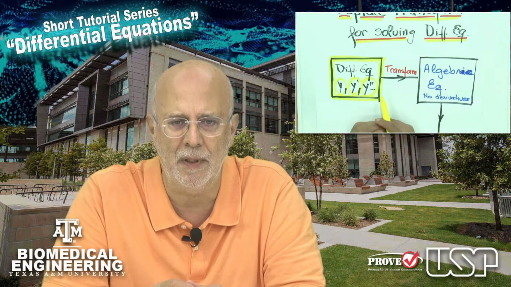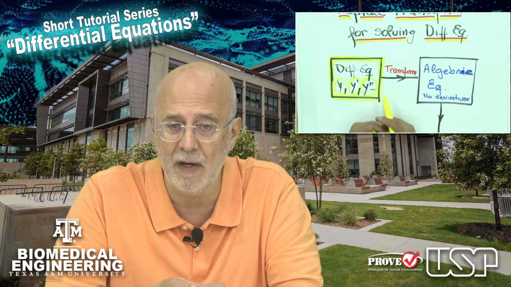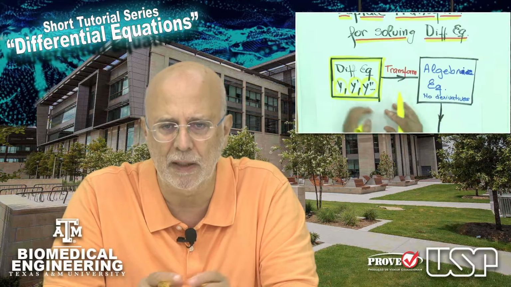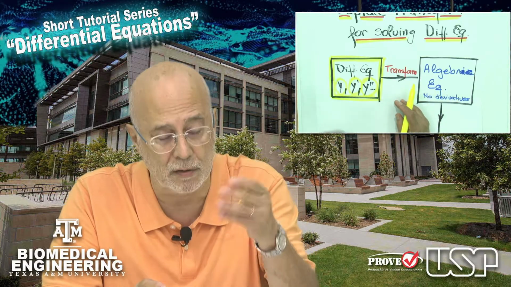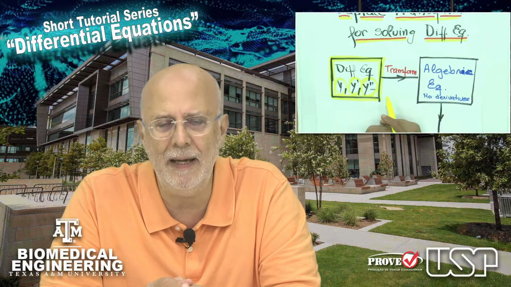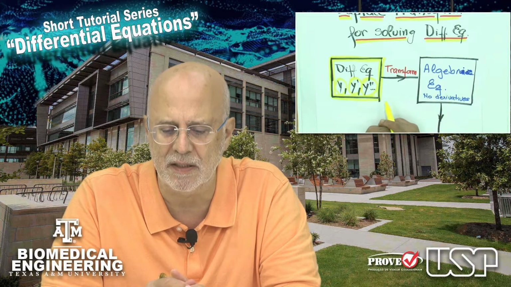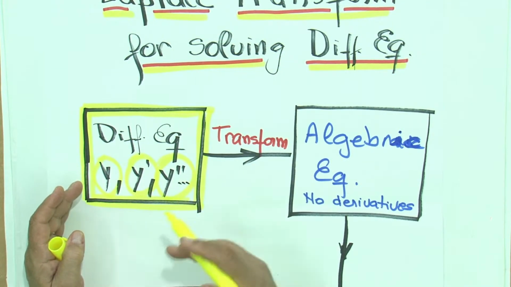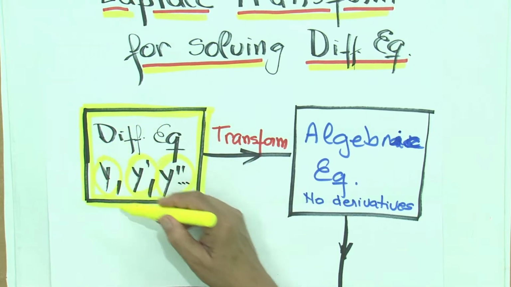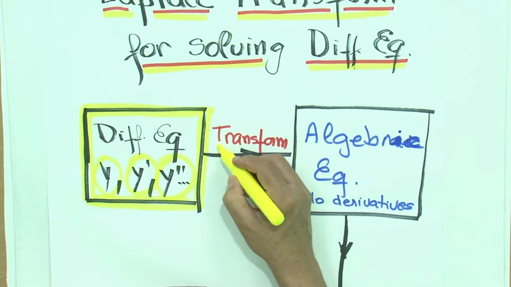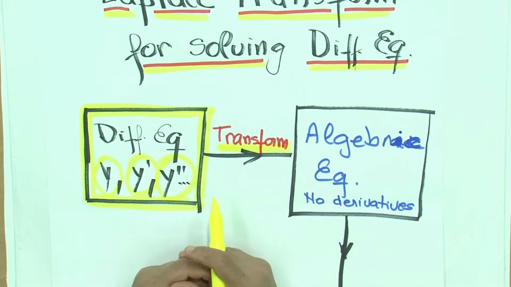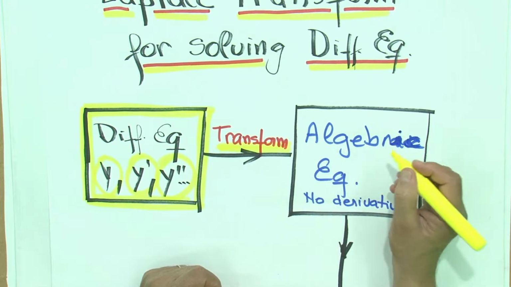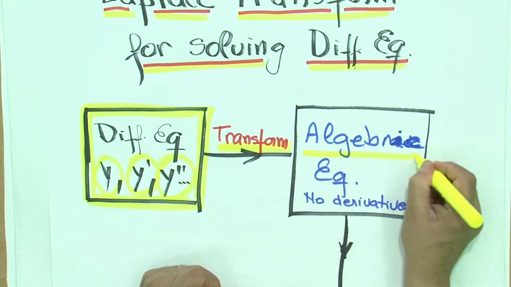Differential equations can be very complex or very complicated. It's a mathematical expression that may involve many orders of derivatives. The idea of using the Laplace transformation is very simple. Let's define some way to modify the equation by making a transformation of the functions. We're going to transform a differential equation into an algebraic equation.